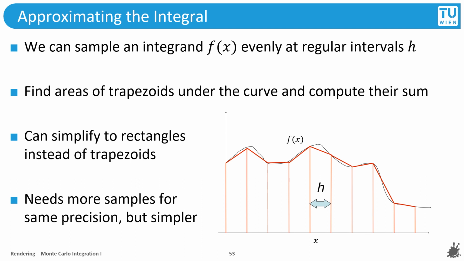Naturally, the more quadrilaterals we use, i.e. the smaller the interval, the more accurate our approximation becomes. In the simplest case, we can replace the trapezoids with rectangles. If we do this, we need smaller intervals in order to arrive at the same precision as with trapezoids, but the overall procedure gets simpler because the area of such a rectangle is simply the length of the interval times the outputs of f of x that we observe at each sampled location.